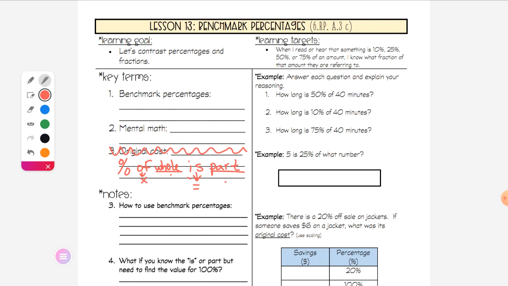I'm just going to show you on this one, how long is 50% of 40 minutes? This one's a mental math, and we're going to do it mentally in just a second. But if I know that is the percent equation, that is the name of that little thing, for the rest of your math life it will be called the percent equation. I know that 40 is my whole.